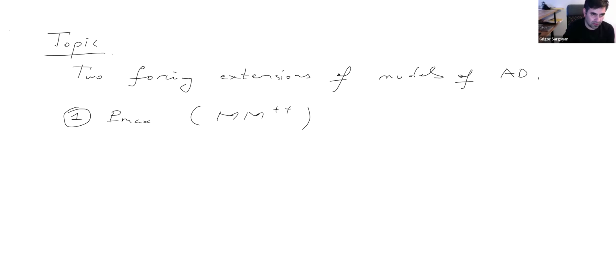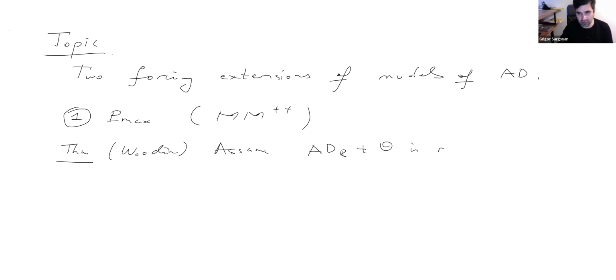So the theorem here, in this block that I guess a lot of people know these days, is that if you assume AD_R plus theta is regular, I will define what these things mean, plus you want to assume that V is constructed from the power set of reals, right?